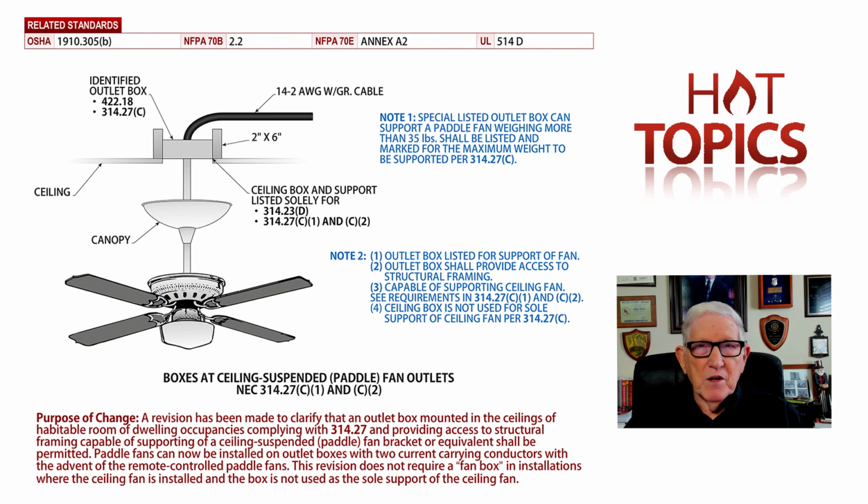And I believe right now that we're going to have to leave that up to the authority having jurisdiction to determine, so we know where these boxes have to be installed and we don't have to take out boxes and replace boxes. I always thought, if they want to put a ceiling fan in a certain area, well, there are boxes available to us to do that.